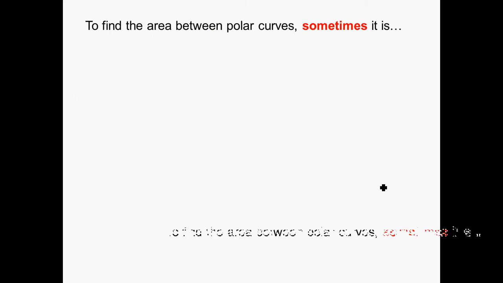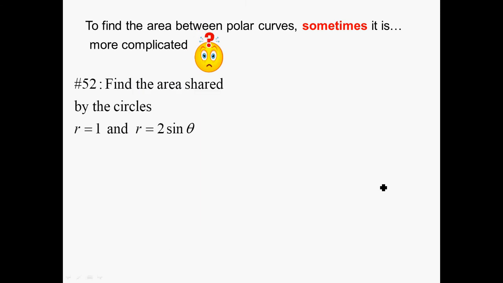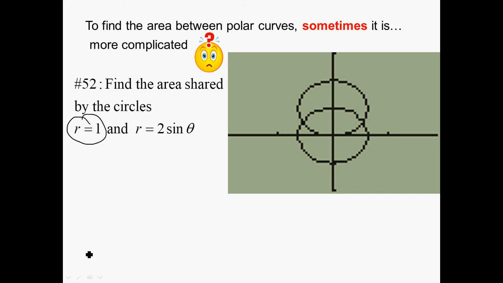But sometimes finding the area between polar curves is more complicated. Dagger. So number 52 in your book. Find the area shared by the circles. Thank goodness it's just a circle. Circle, center at the origin, radius of 1. This is also a circle, just the center isn't at the origin. And you're not expected to know what that looks like. You were tested on that, I hope, in pre-cal.